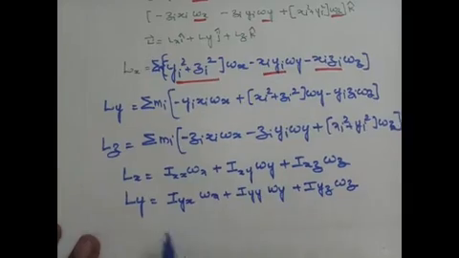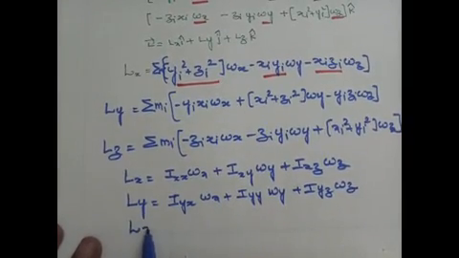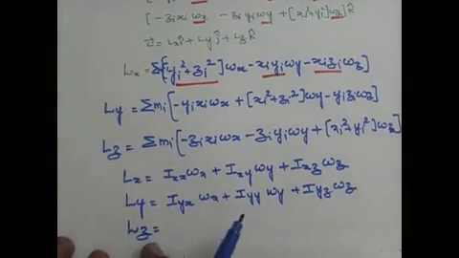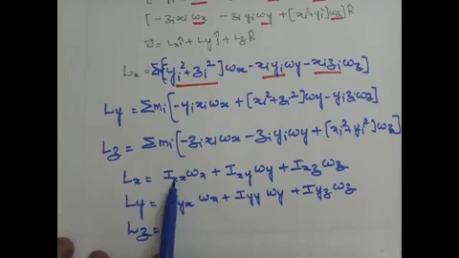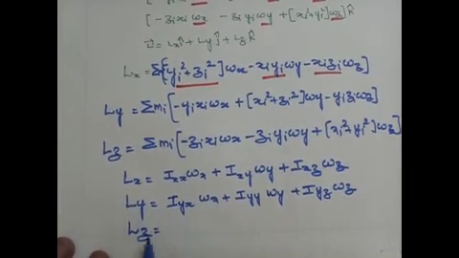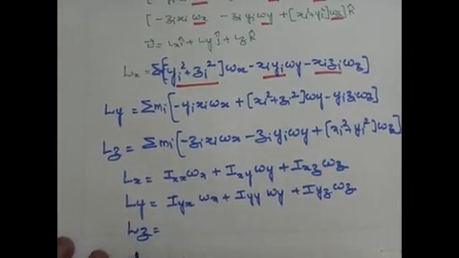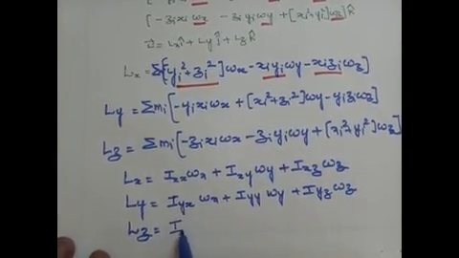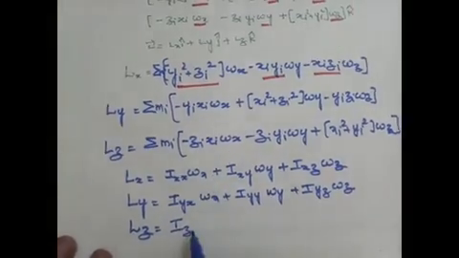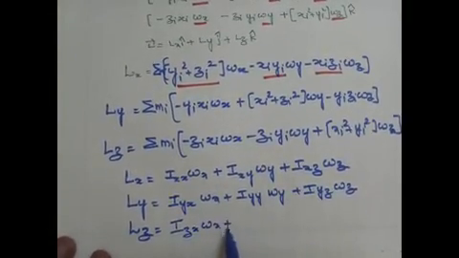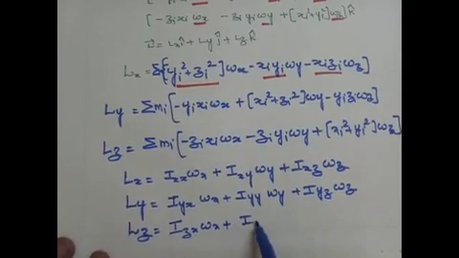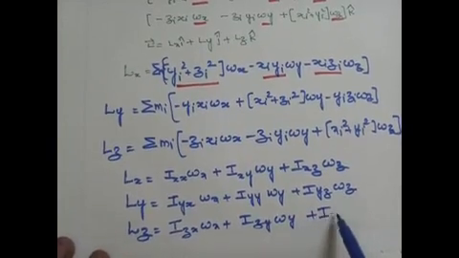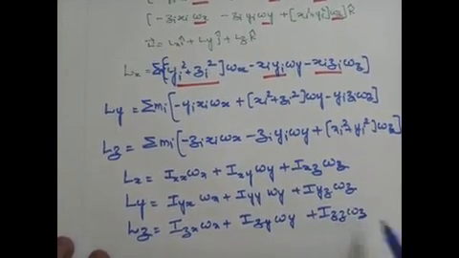The last term is Lz, the angular momentum along the z axis. The earlier ones are the angular momentum along the x axis and the y axis. For Lz, we write Izx omega x, Izy omega y, and Izz omega z.